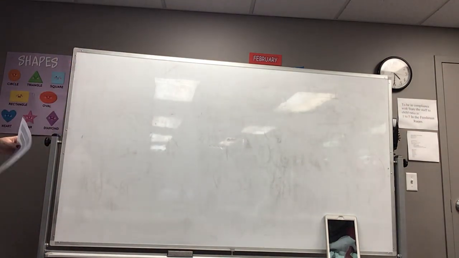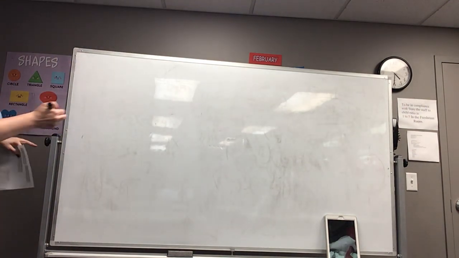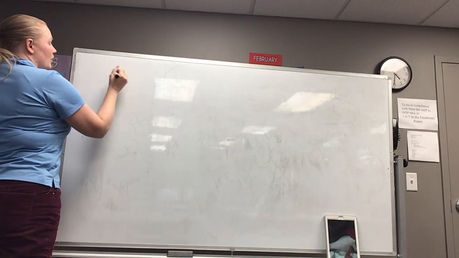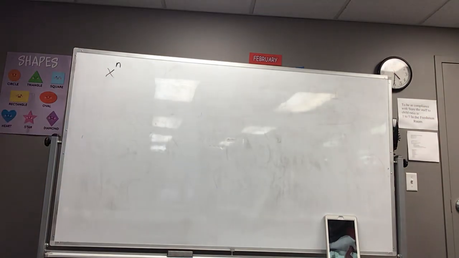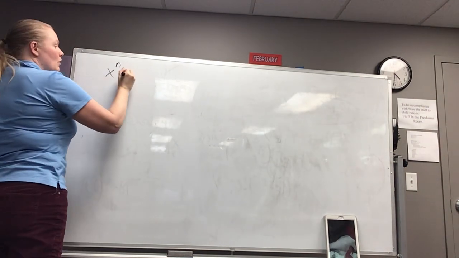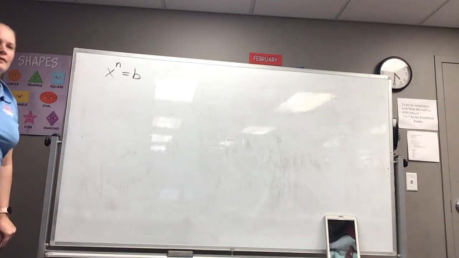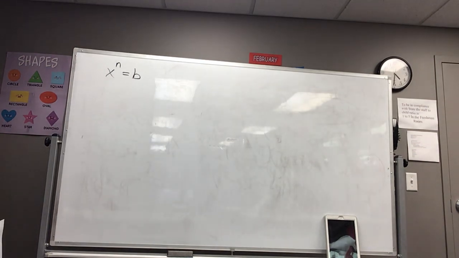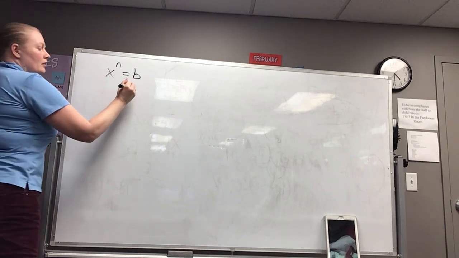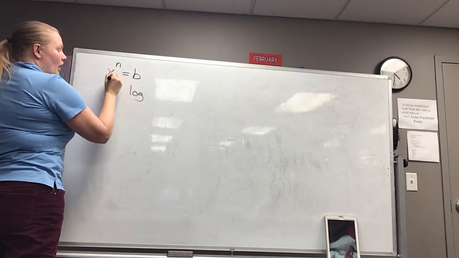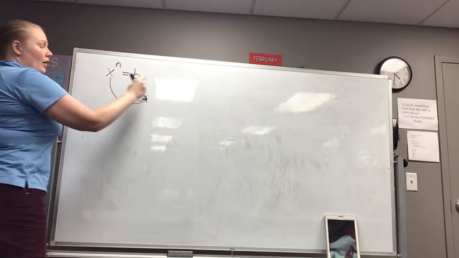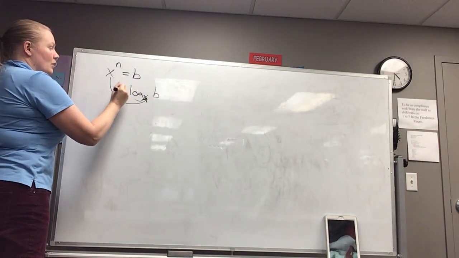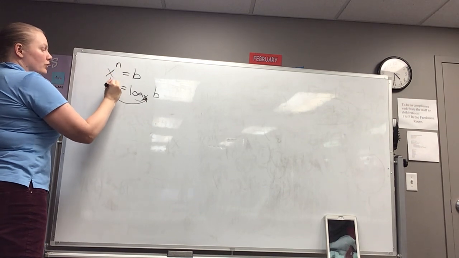So, logarithm is the most basic. If I have some number x to the nth power is equal to b. We're using a bunch of variables here. The way to rewrite it says the log of this bottom number, the base of this number, is equal to what the exponent was.